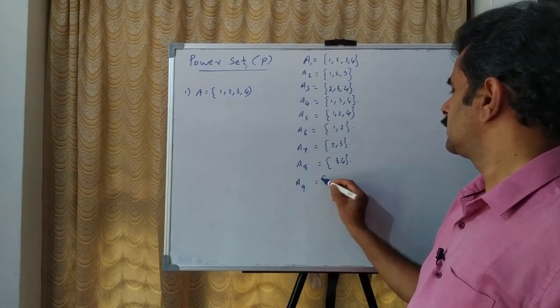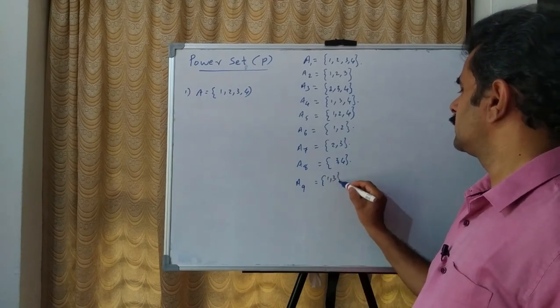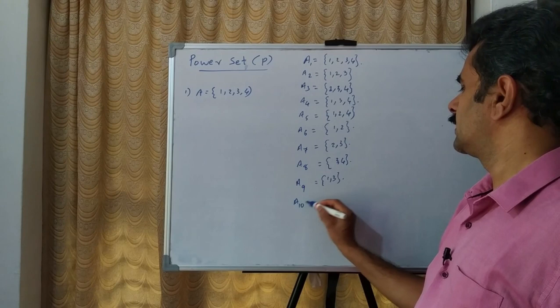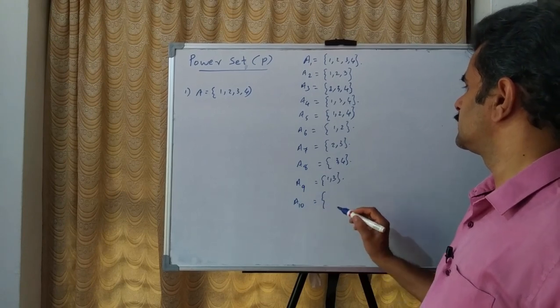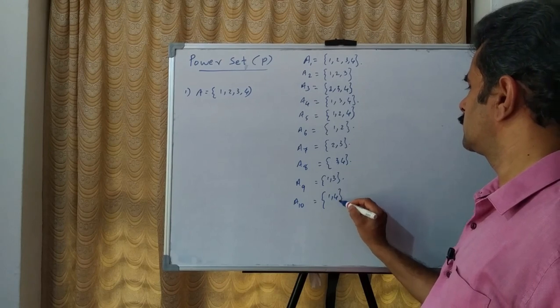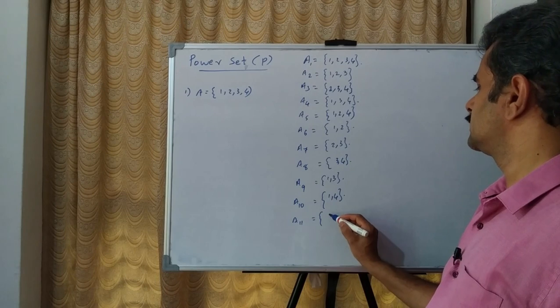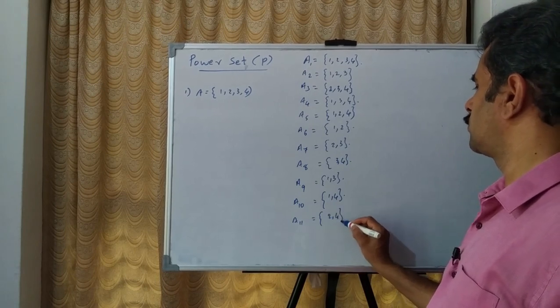A9 is {1, 3}. A10 is {1, 4}. A11 is {2, 4}.